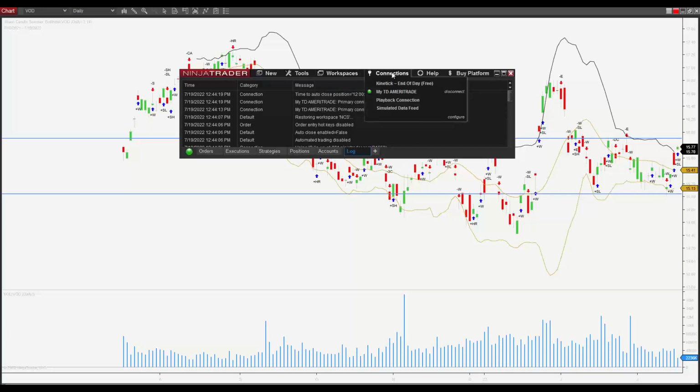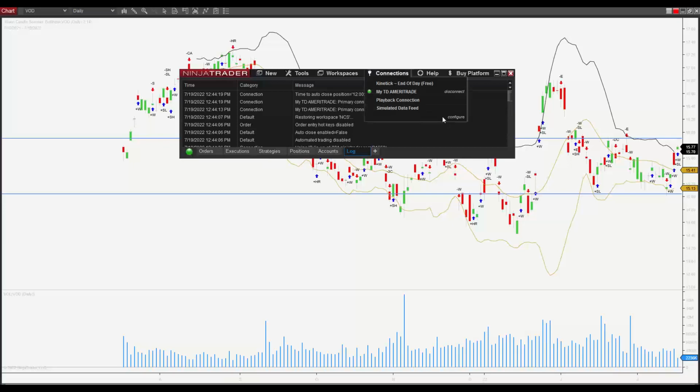And then here's the Connections tab. Notice, Frank and everybody else, my connection: you see a green dot here next to my TD Ameritrade. That means I'm currently using TD Ameritrade data. If you don't click on the word Connections, you can see that same green dot in the lower left-hand corner of the NinjaTrader control panel. That means I have live data.